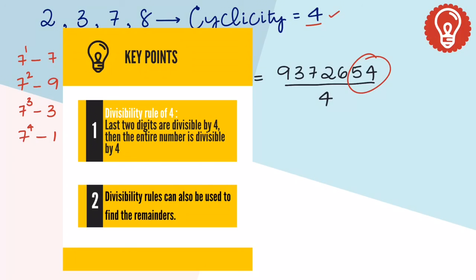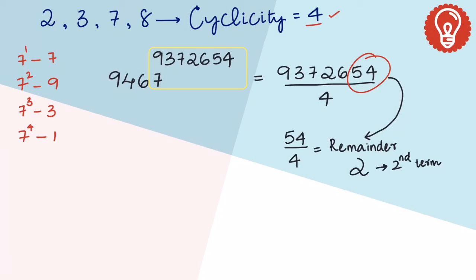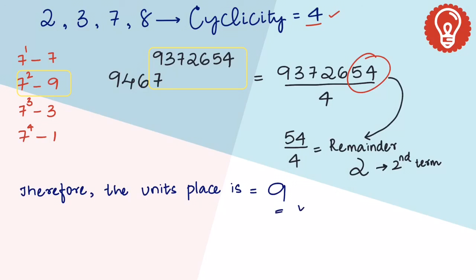So, it's easy and faster if I divide 54 by 4 to find the remainder. Now, 54, when divided by 4, the remainder is 2. 2 refers to the second term in the series, which is 9. Therefore, the units place of this number is 9.